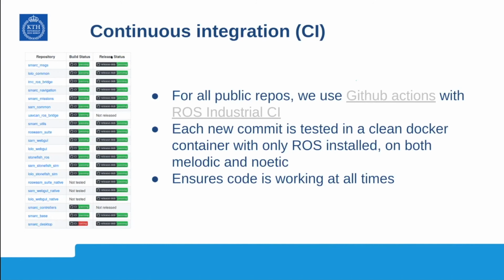And we're also continuously releasing new binary builds. So if you go to our repository at the SMaRC project at GitHub, you'll see that we have these kind of indicators of what is working at the moment, which releases are working. So you can quickly get an overview of the status of the project.